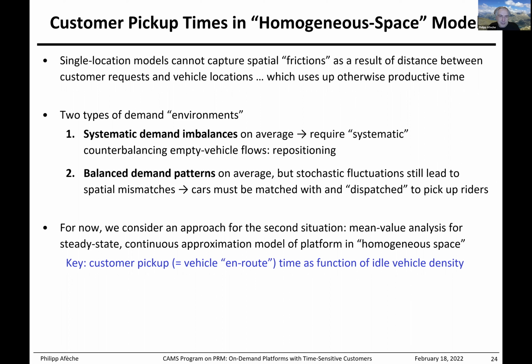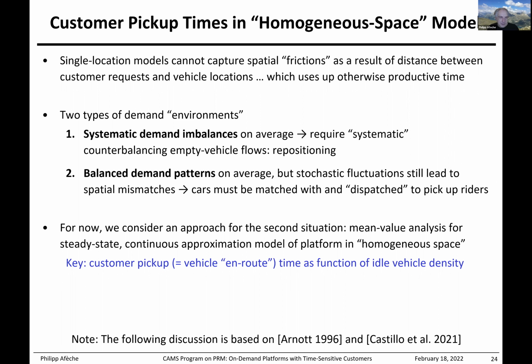So the key punchline of the operational side of the model is that the customer pickup time, also called from the vehicle's perspective, the en route time, en route to the pickup, is related to the idle vehicle density, the spatial density of idle vehicles, right? And so the discussion that is following is based on two papers, Arnott in the 90s, and then Castillo et al. more recently, that popularized this notion of a wild goose chase, right?